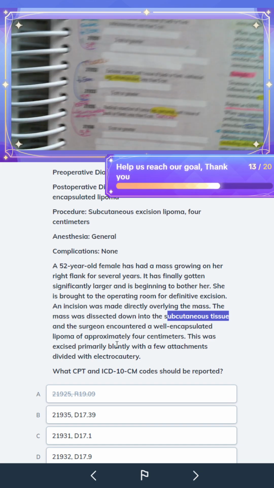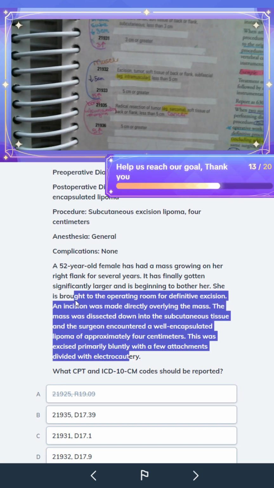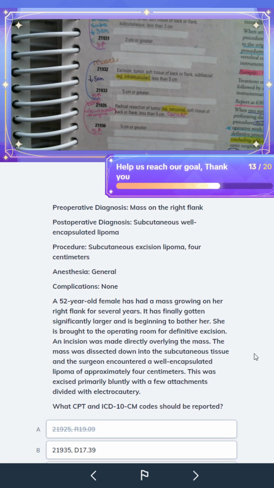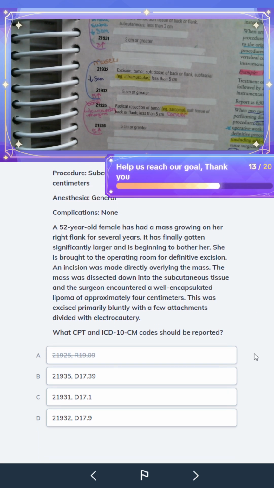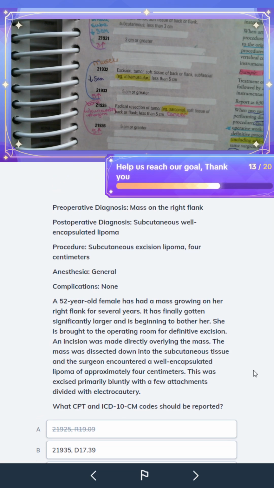So that's how you do this question: look for any words that might mean bone or words that might mean muscle. And if you don't see any one of those, then you know you did only subcutaneous, and that means that probably the 31 is your answer, right? Because 32 is muscle and 35 is bone.